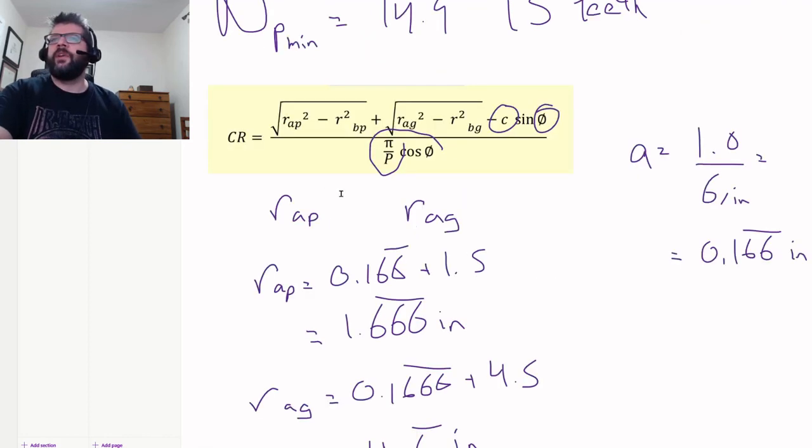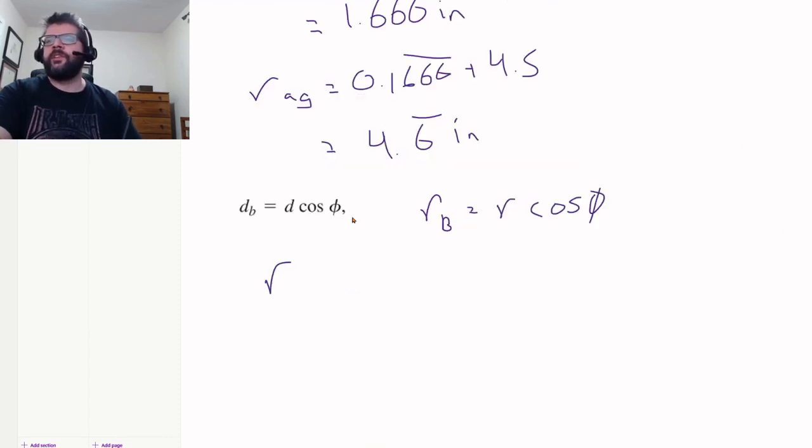So if we want to find the radius of the base circle for the pinion, it's going to be equal to the radius of the pinion times cosine of the phi. That looks more like a theta than a phi to me. There we go. That's better.